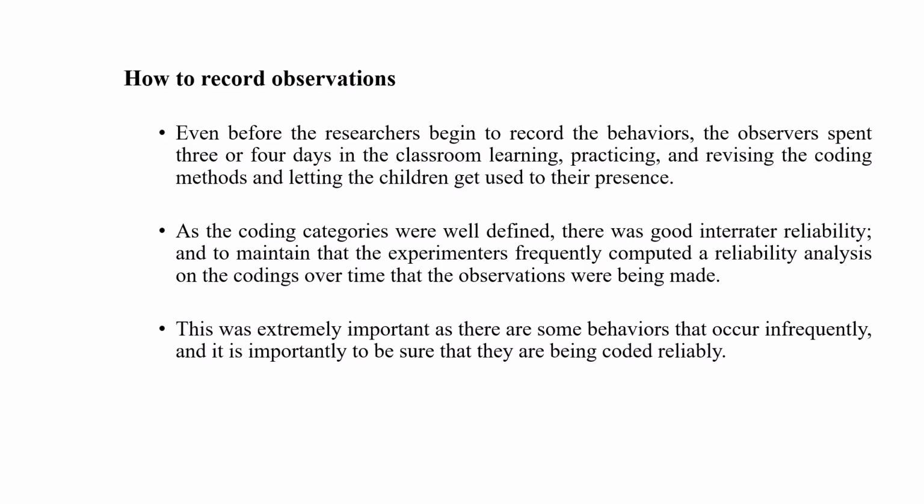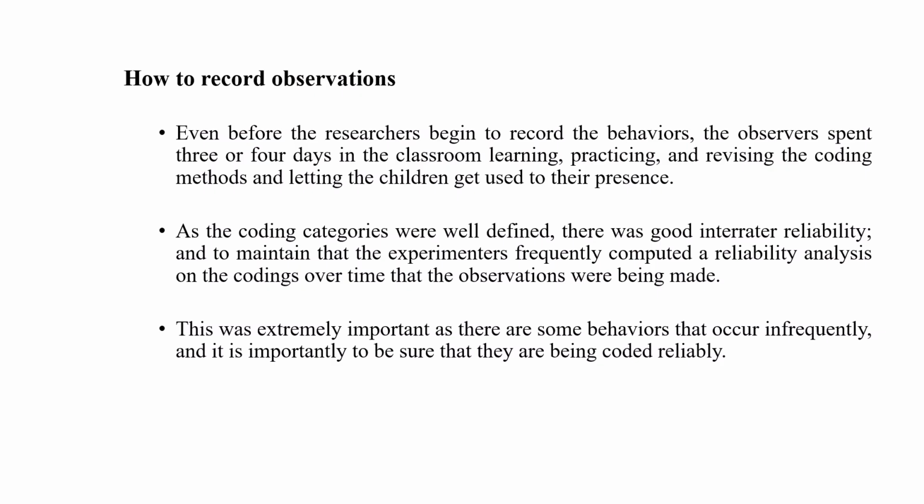So, across these observers, they were basically reliably talking about the same phenomena, and also to ensure that this inter-rater reliability remains, the experimenters frequently carried out the reliability analysis on the codings that were being obtained over time, again and again, with every observation period, so that they know that the data being collected is clean and it's correct.